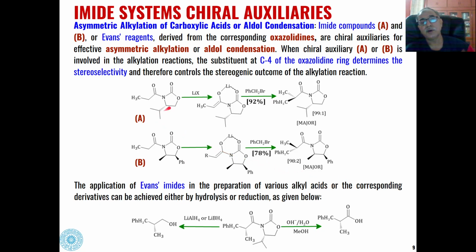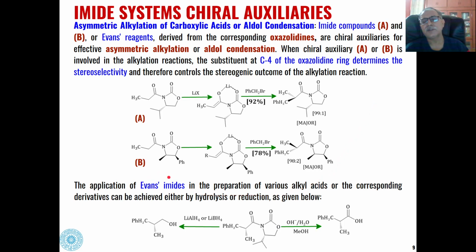So the method is the same. The first is enolization, a metal based enolization, and then alkylation will lead to these types of chiral intermediates, and these chiral intermediates on hydrolysis will lead to the formation of alkylated carboxylic acids as the product.